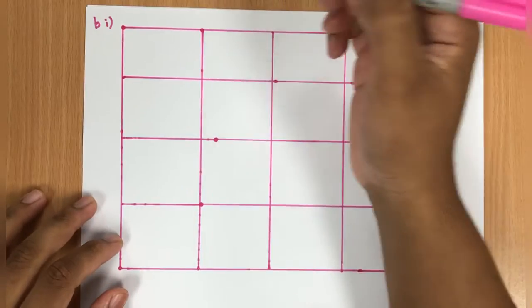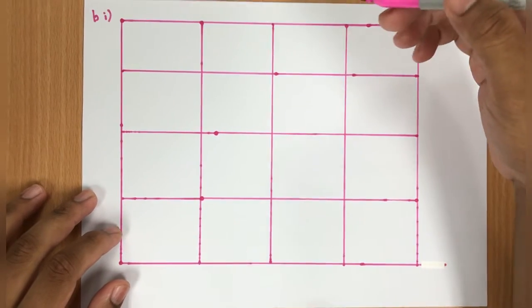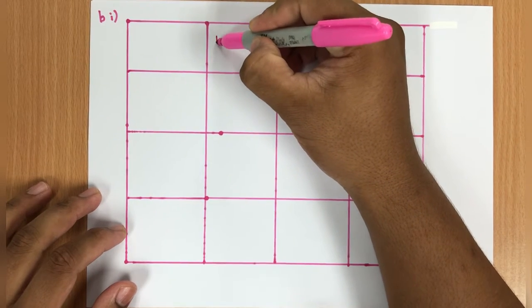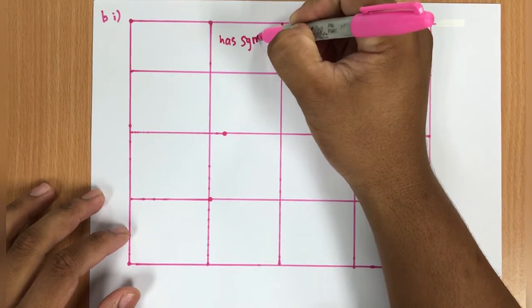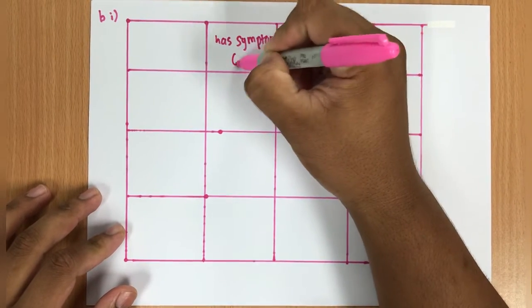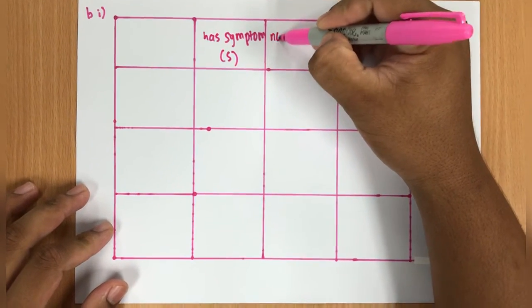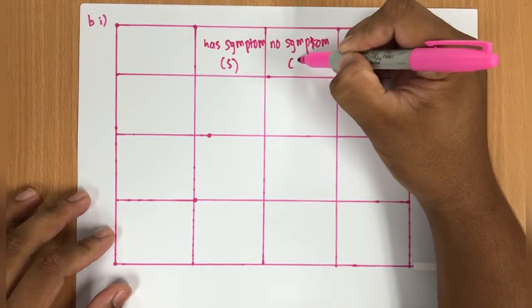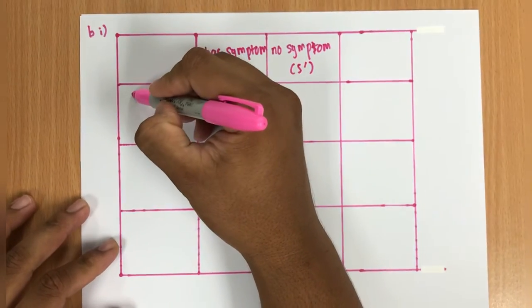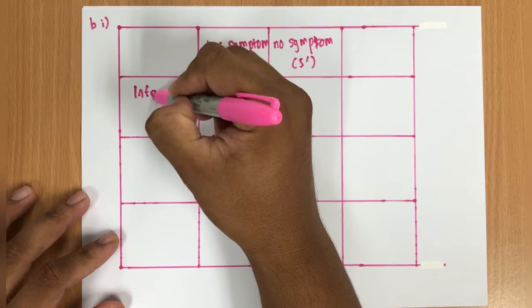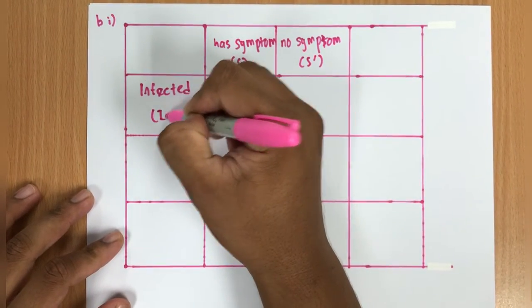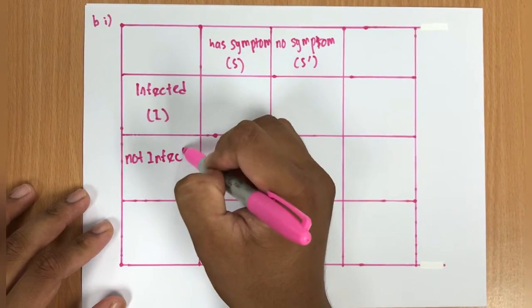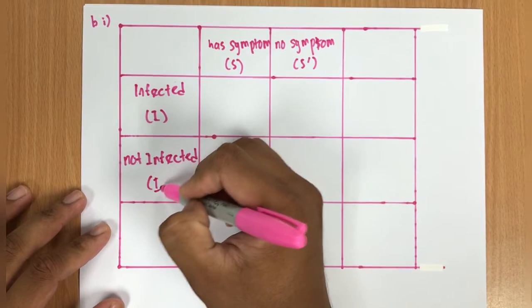For question B1, we must draw a contingency table. We label has symptom as S, no symptom as S prime, infected as I, and not infected as I prime.